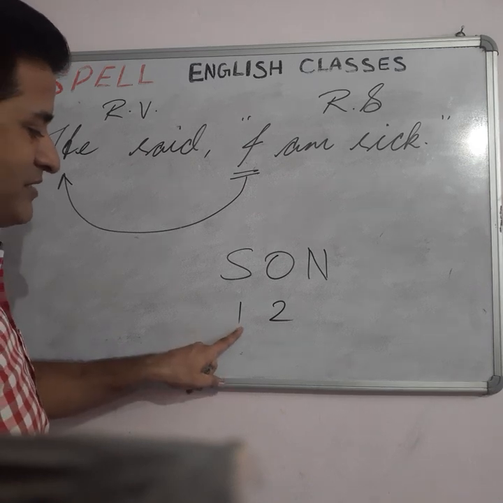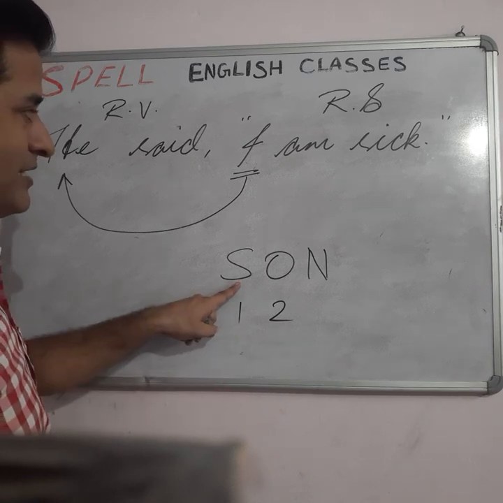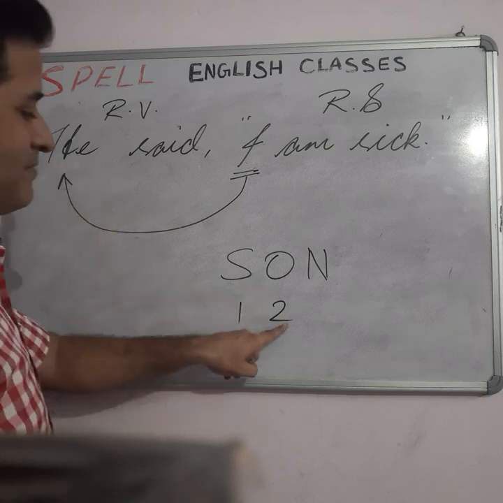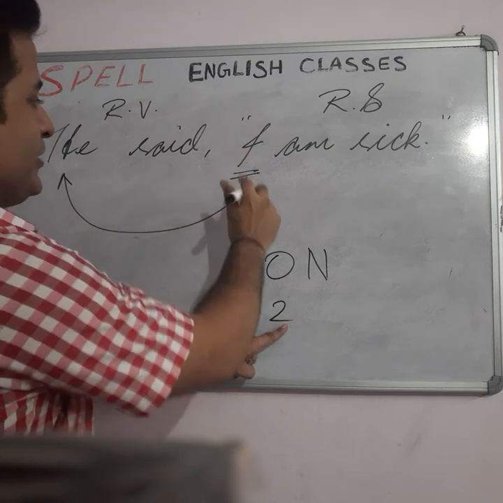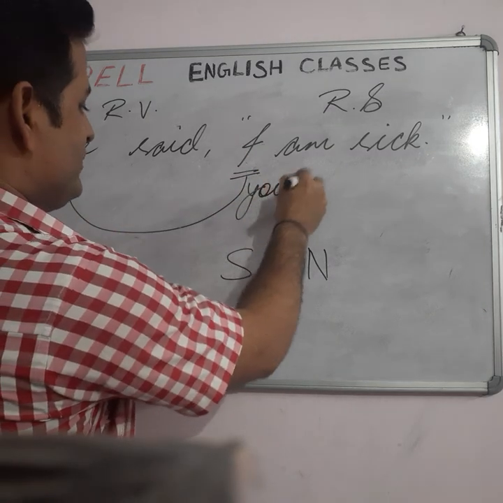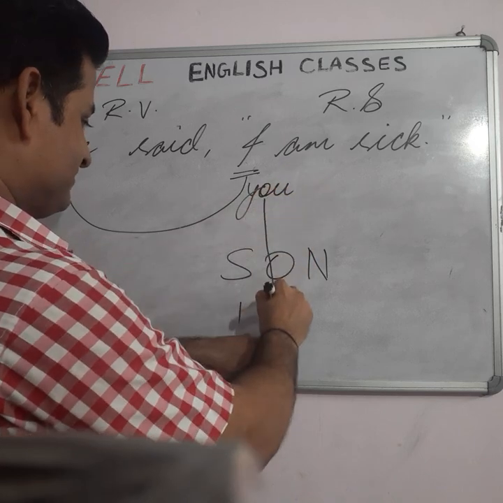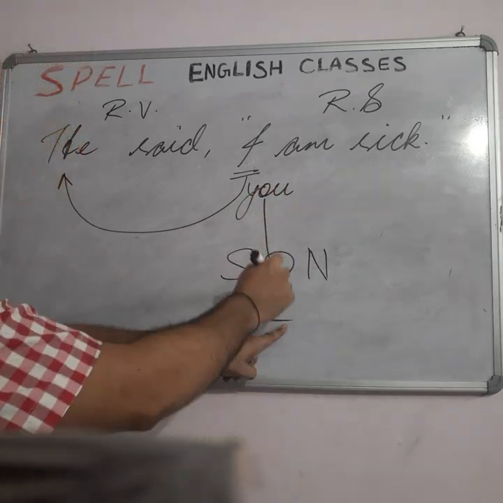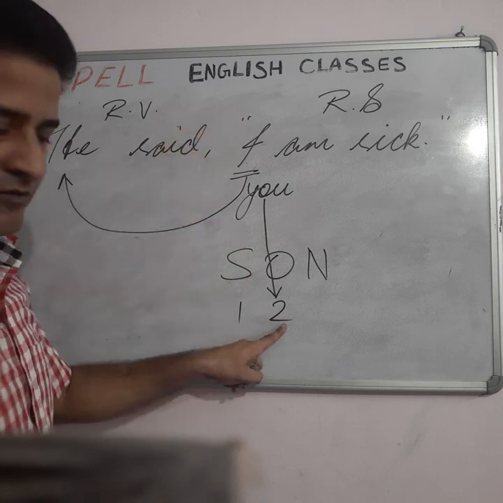This is the same thing written over here. First person subject is changed according to the subject. Second person, suppose you were there. You is second person, it should be changed in respect to the object over here.